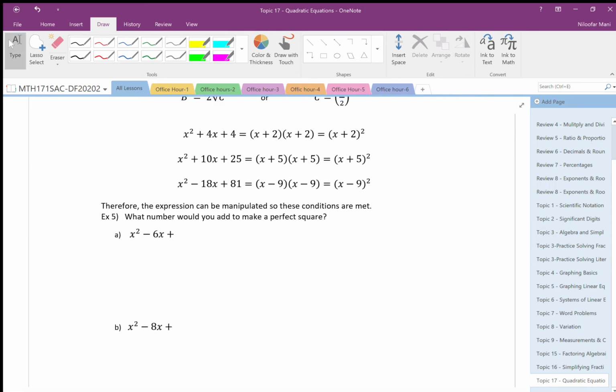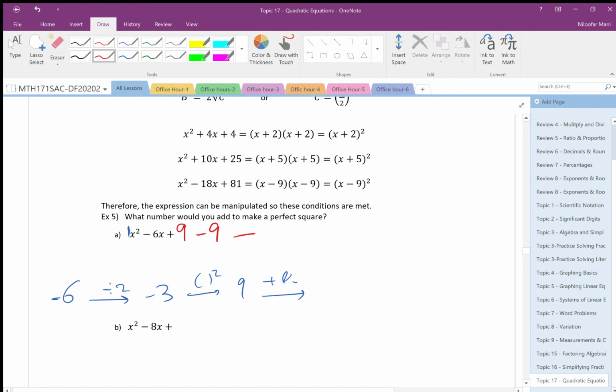Okay, now I want you to complete the square for all of these. Look, this is 1. Perfect. Look at the number beside x, minus 6, divided by 2, minus 3, squared, 9. Add and subtract, so I add 9 minus 9.